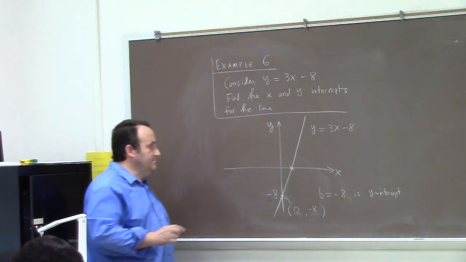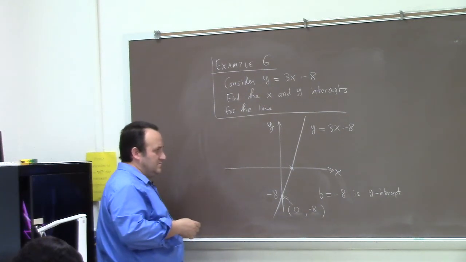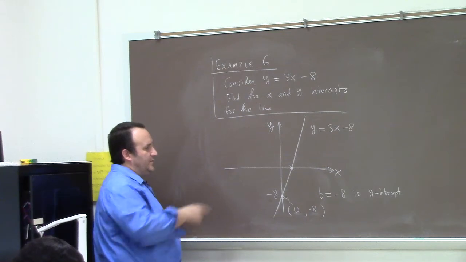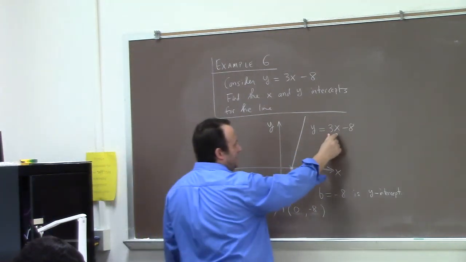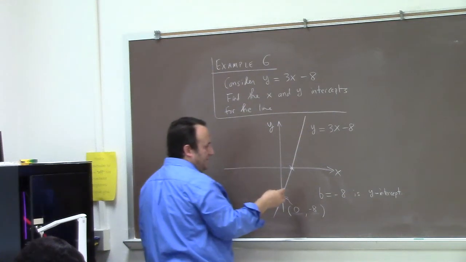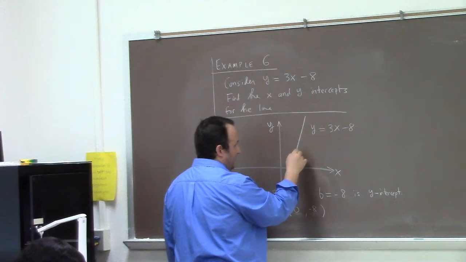3. So if I put in x equal to 3, I get 3 times 3, which is 9, 9 minus 8, which is 1. Actually, when it's at 3, it's up here somewhere.